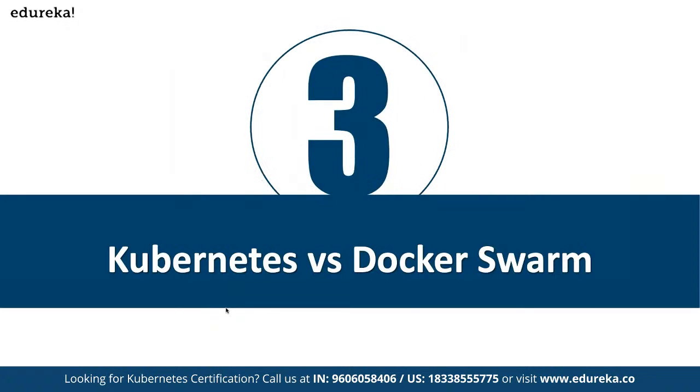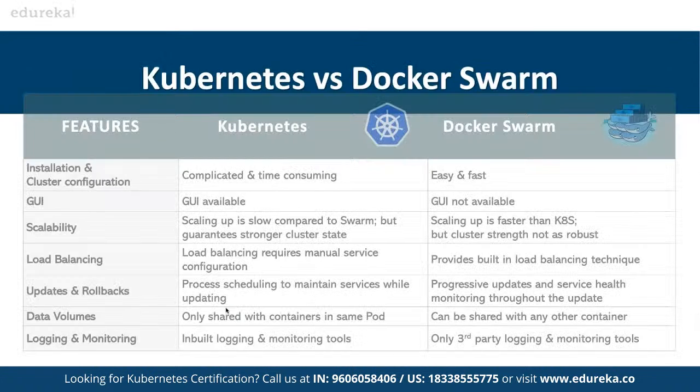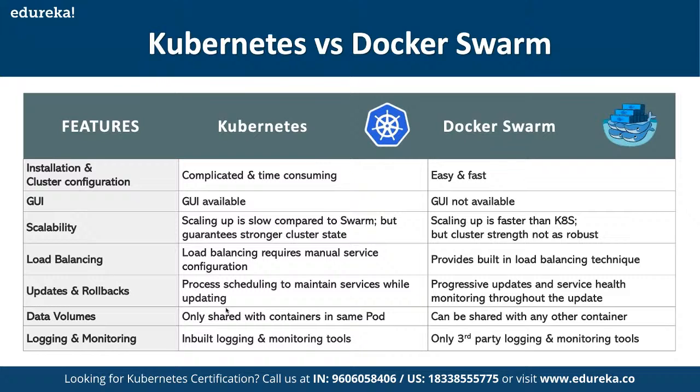If we compare Kubernetes with Docker Swarm, Kubernetes is complicated and time-consuming, the same thing we discussed just now. But again, it is useful for large-scale infrastructure. The installation process of Docker Swarm is really easy and fast as well. We have a GUI available for Kubernetes, which is not available by default for Docker Swarm.